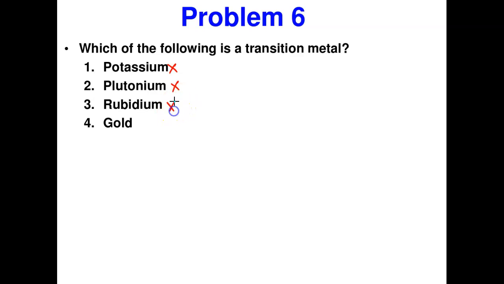The only one that qualifies as a transition metal is gold. Gold becomes the correct answer, because gold is number 79, in the D block. The D block elements are those that are called the transition elements.